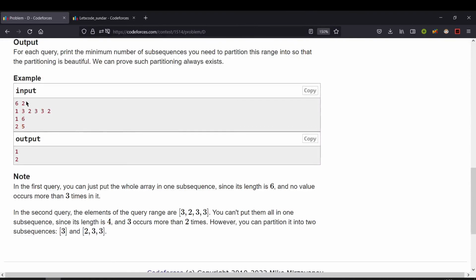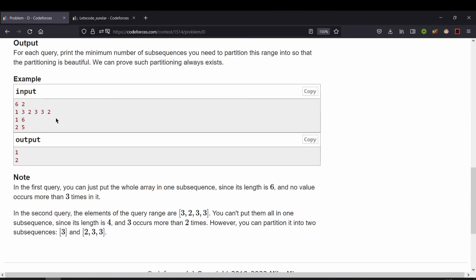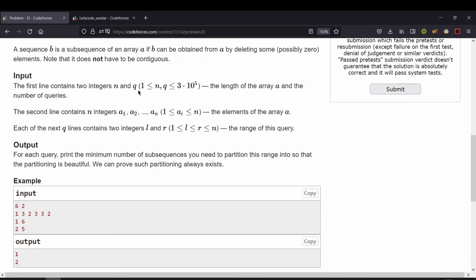But how can we even do a log n solution for this? Okay, if you do hashing, anyway, that will be a linear solution.